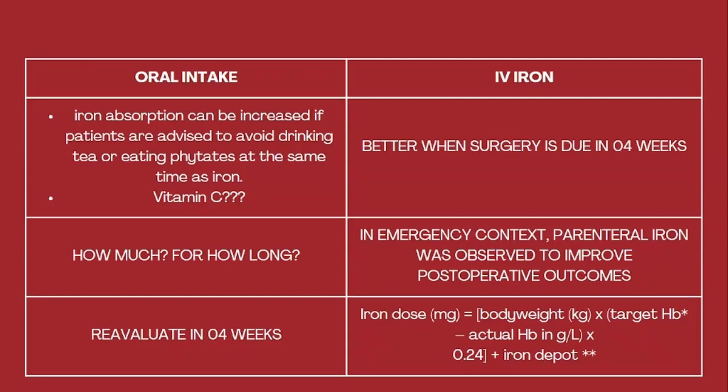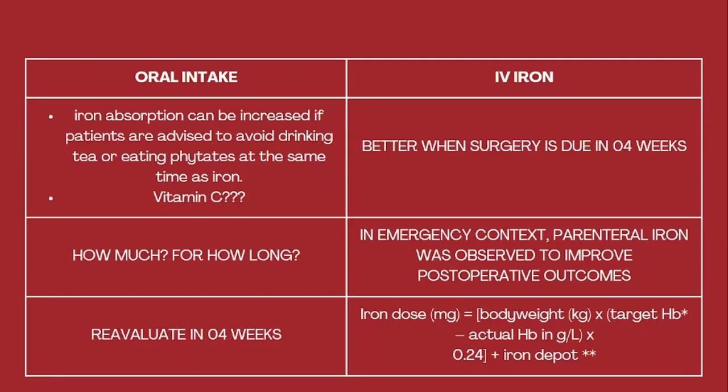For example, avoiding tea or eating phytate at the same time as iron, because they will reduce the iron absorption, or patients with intestinal disease who won't have a proper absorption of the iron. So how long?